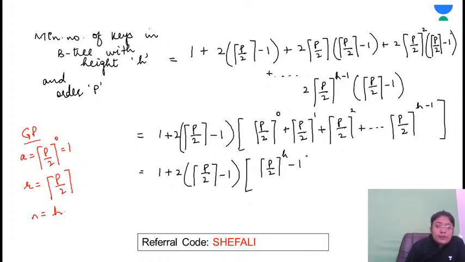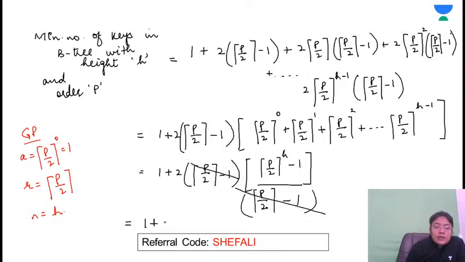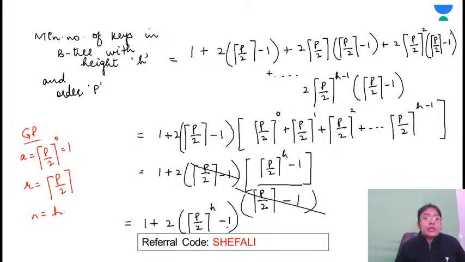So ((p/2)^h minus 1) divided by (p/2 common ratio minus 1), and this will be cancelled out with this one. So this comes out to be 1 plus 2((p/2)^h minus 1). This is the formula for minimum number of keys with height h.